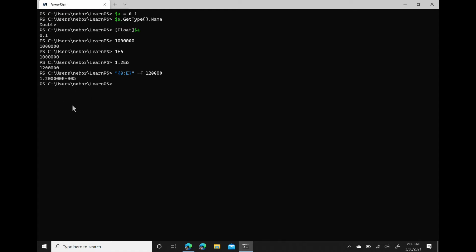What's nice about scientific notation is we can write a number like 1.2 times 10 to the 100th, which is quite a large number. And to write that down using actual digits, we'd have to write out 1, 2, and then 99 zeros. We might not have enough space.